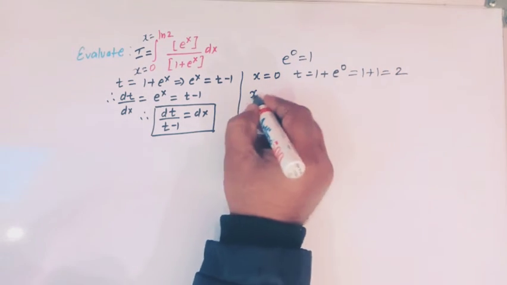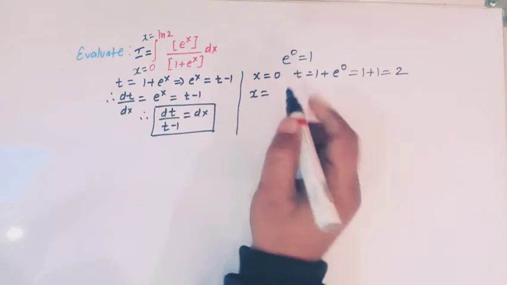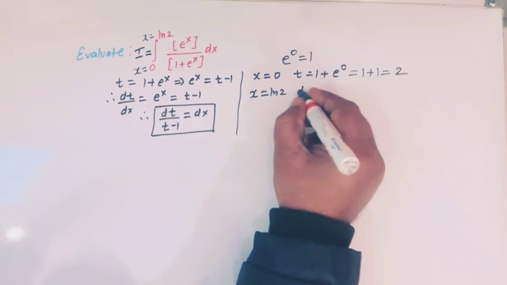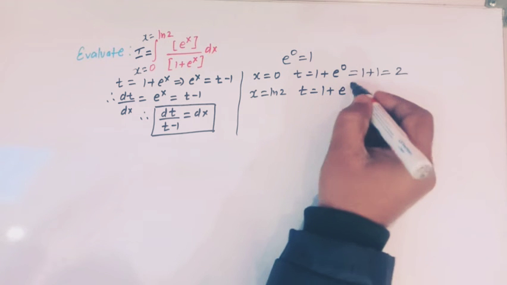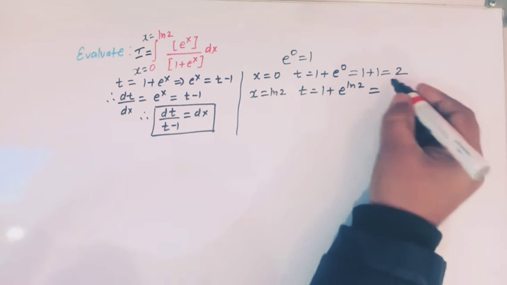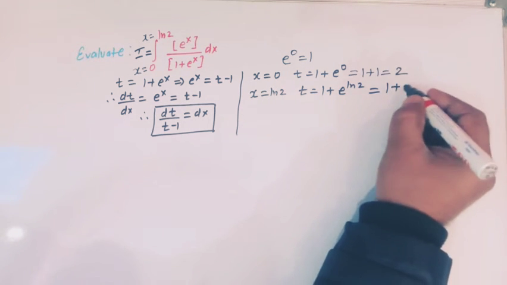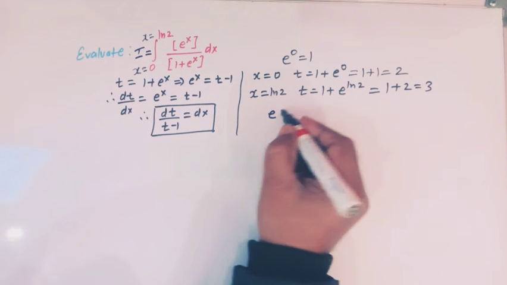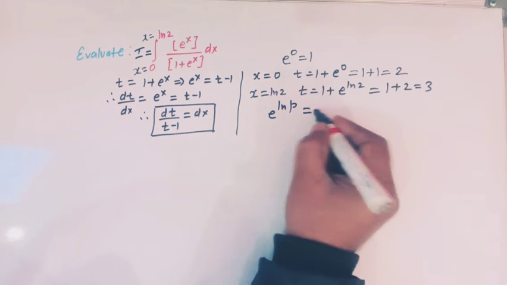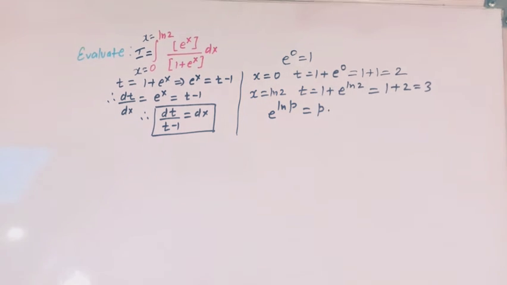And when x is equal to log of 2, t is 1 plus e raised to log of 2, and e raised to log of 2 is simply 2, so that is 3, because e raised to log of p is equal to p.